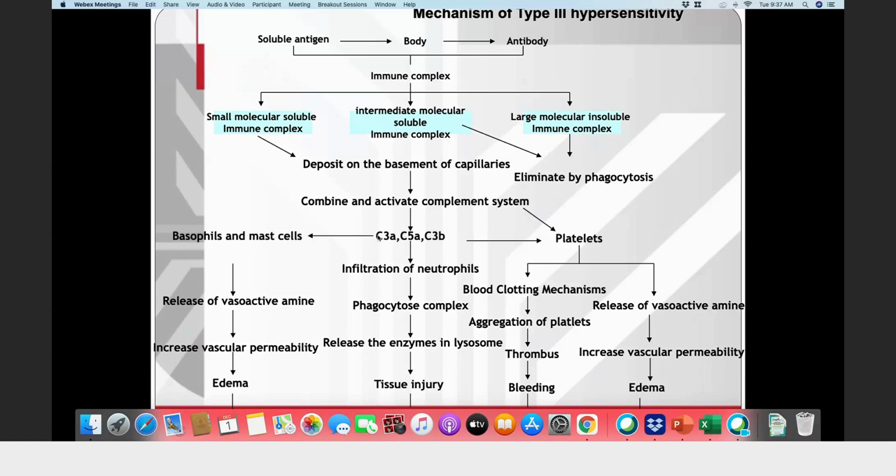What do you understand about the A component versus the B component in the complement pathway? The A attracts cells. Yes, A attracts. So it is chemotaxis. So it will attract the neutrophils.